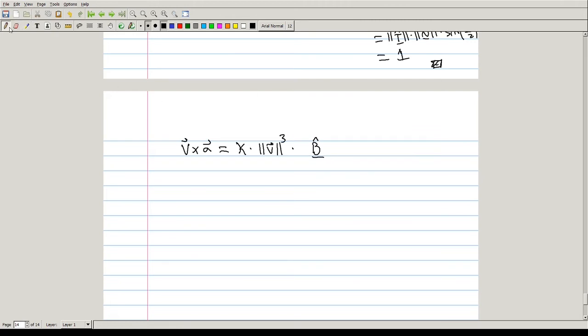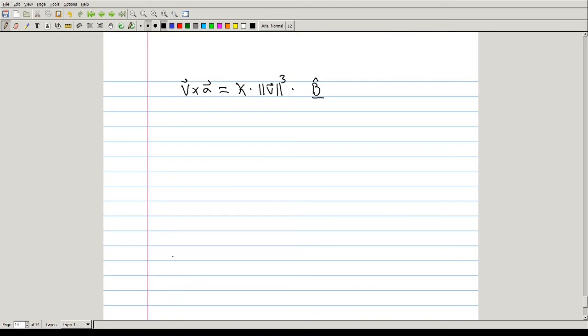And if we take the magnitude of each side of this equation, we have a very remarkable formula.